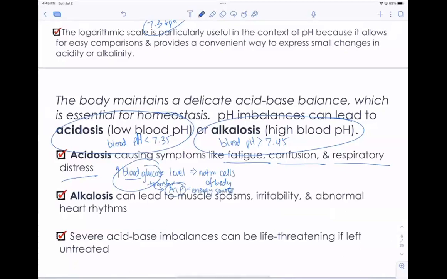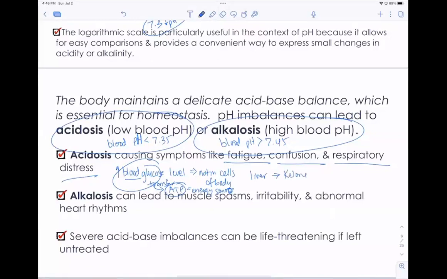So if you can't get that energy into the cell, energy needs to come from somewhere or the cell's going to die. And so the liver will convert proteins, gluconeogenesis, this process of producing new glucose, and also ketones.